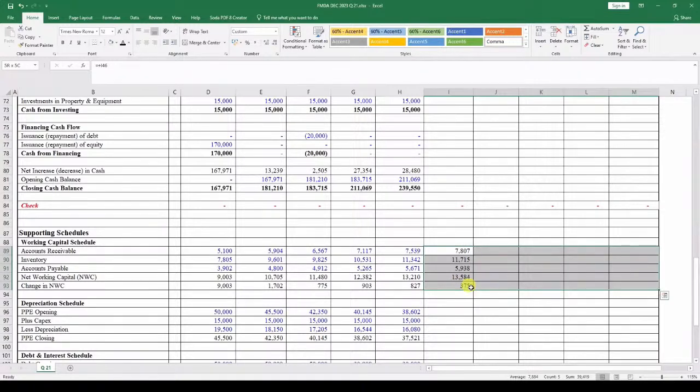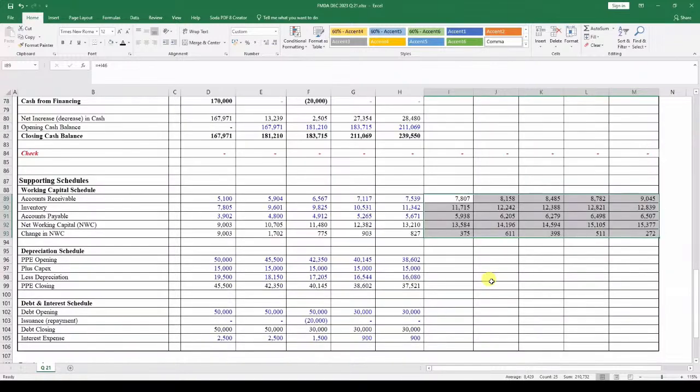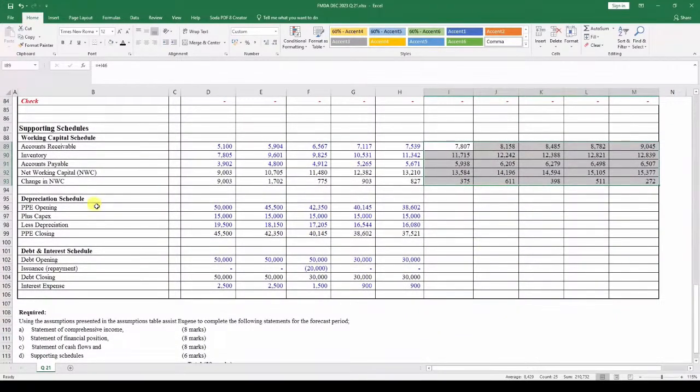Shift, Control R. So once we have those values given to us there, the working capital schedule is complete. The change in net working capital is going to be useful in computing some items in the cash flow statement, pardon me. So we move down to the next supporting schedule.